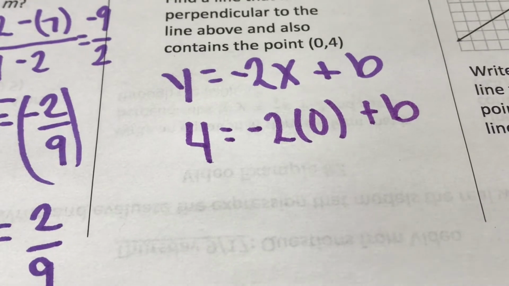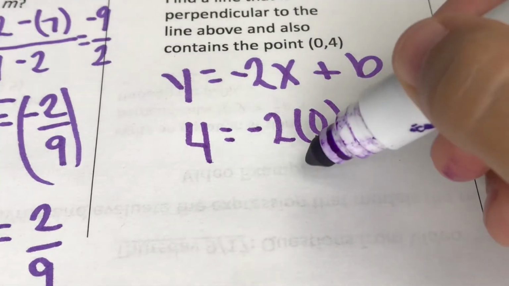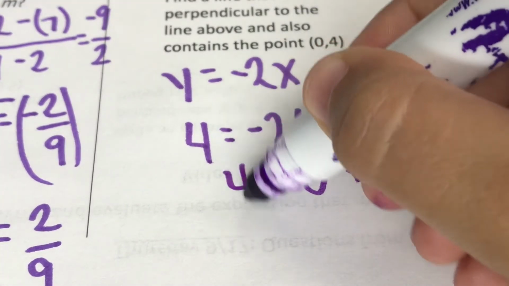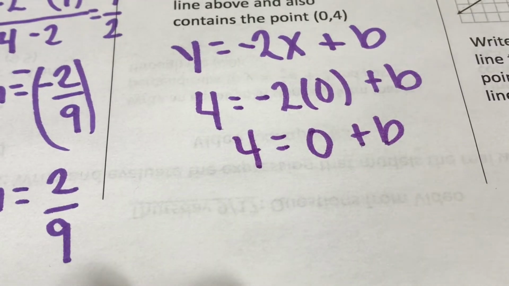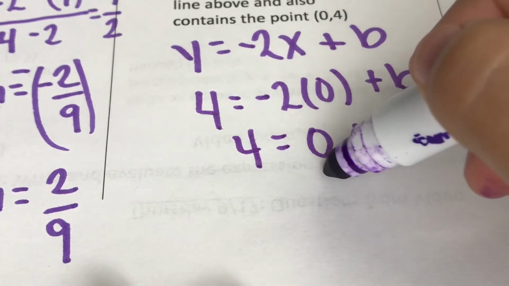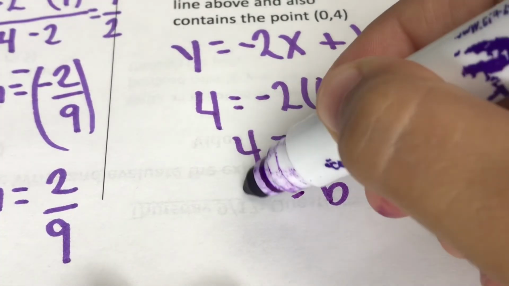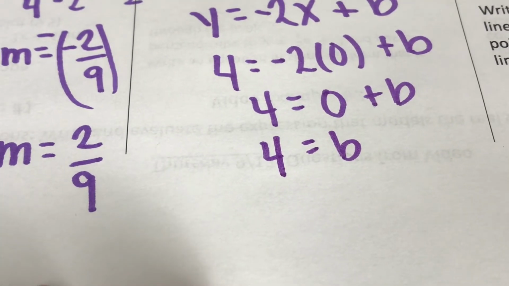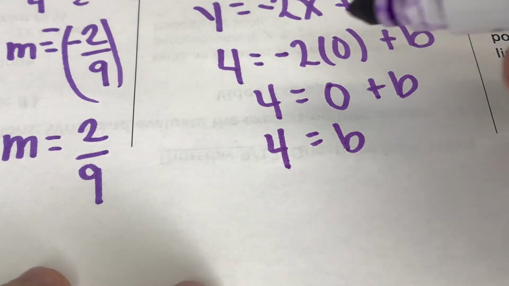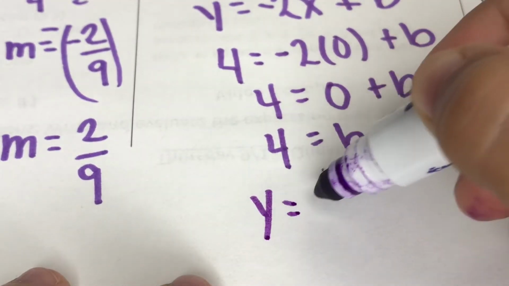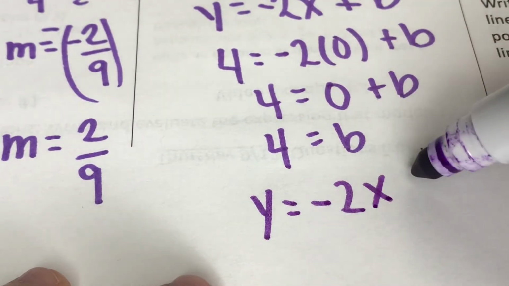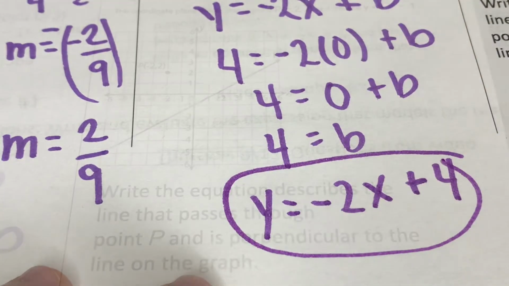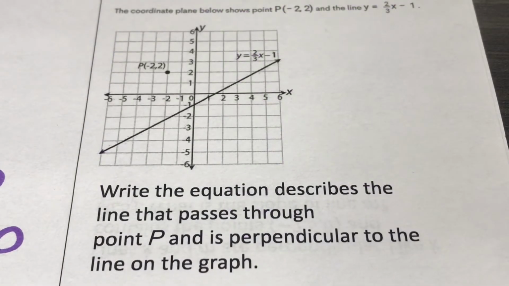Now I love working with zeros, because negative 2 times 0 is just 0 plus b. We don't even need to write the 0 since it's nothing, so we know that b is equal to 4. So if we're trying to write a perpendicular line to the one above, we write y equals negative 2x plus 4. And that's our answer.